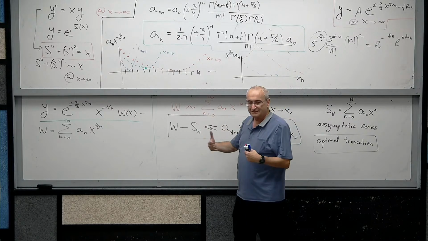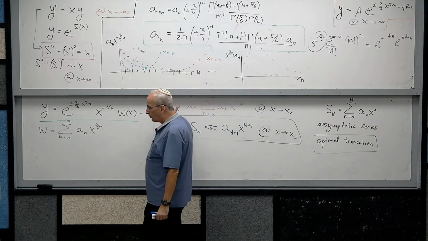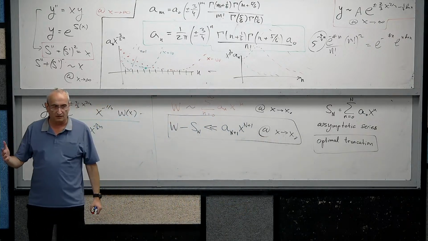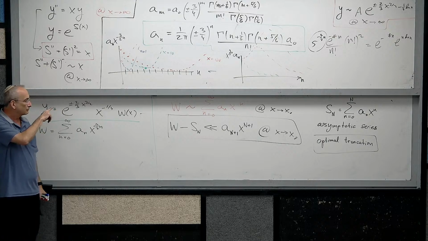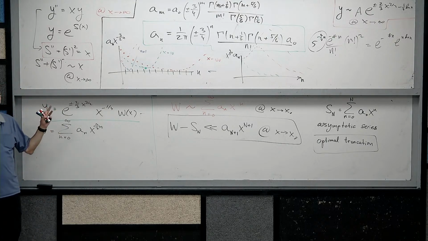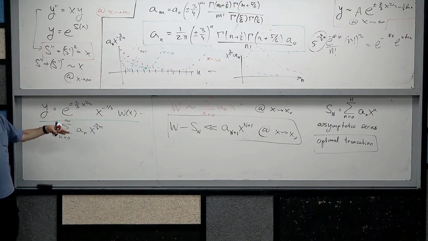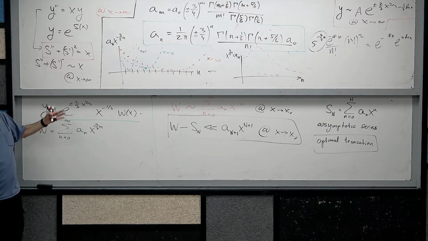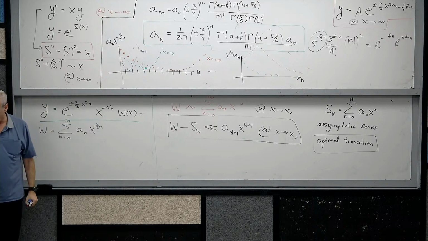Okay? Next time, I will elaborate on the properties of the asymptotic series. I'm not going yet, even next time, to show you the black magic. It will appear later. But I will elaborate on features of asymptotic series and discuss the general analytic features of this approach. Right? Thank you very much.